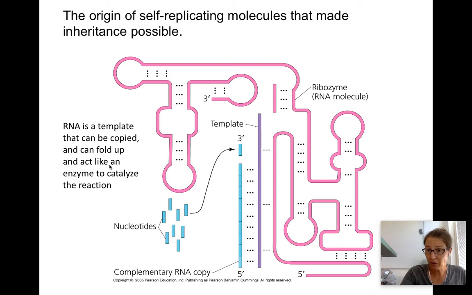So it has the potential to be copied. But then how do you catalyze that reaction? How do you initiate that copying to happen? Well, it turns out that RNA can fold up into a three-dimensional structure that allows it to catalyze its own copying reaction. So these ribozymes, these early RNA molecules, were considered to be possibly the very first self-replicating organic molecules.